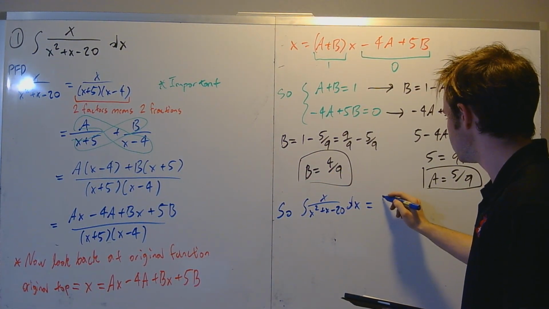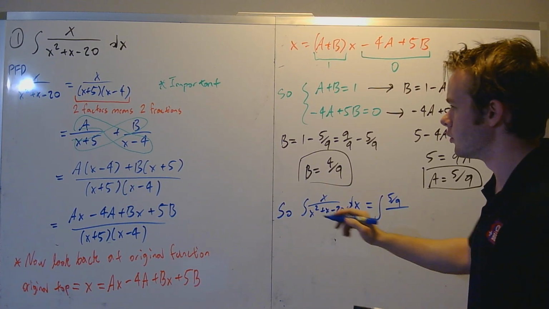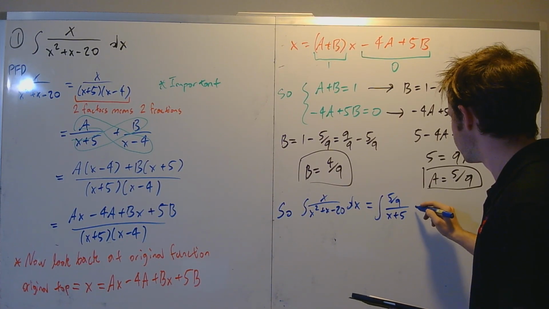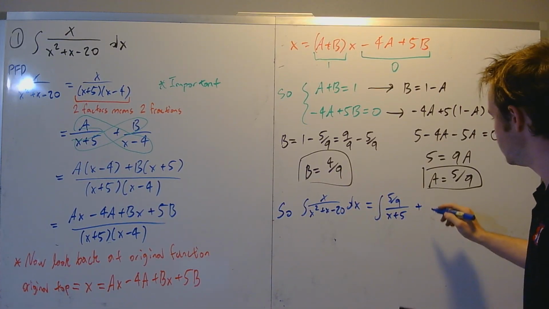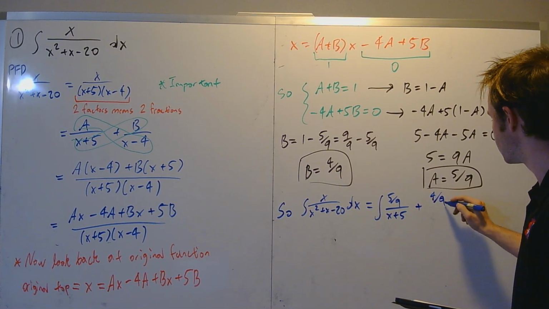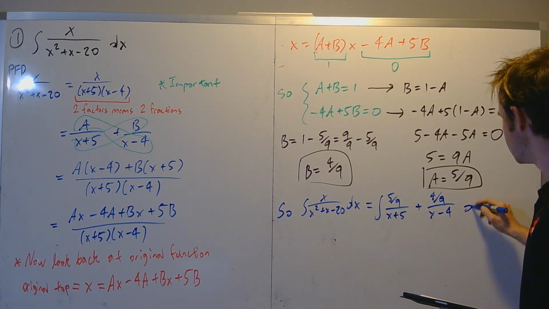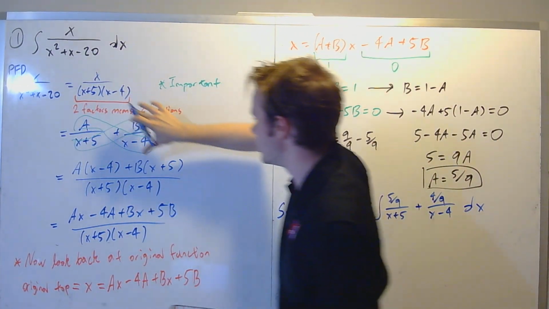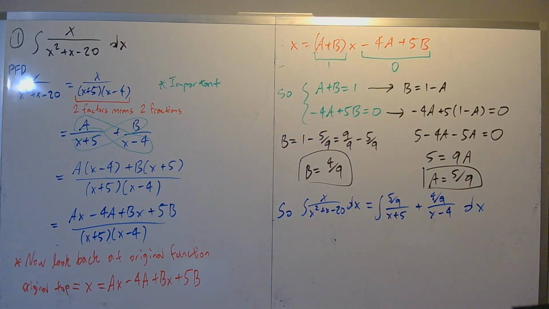So it's going to be equal to the integral of 5/9 over x plus 5 plus, and then it would be b, 4/9 over x minus 4 dx, right? So I'm using the fact that this fraction is equal to this, and we found what a and b are to get to here.